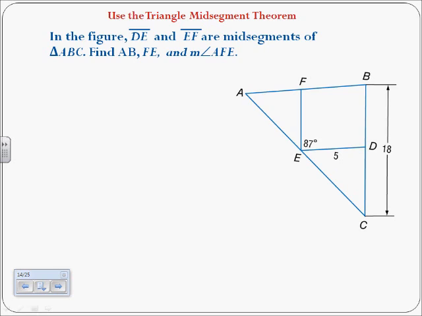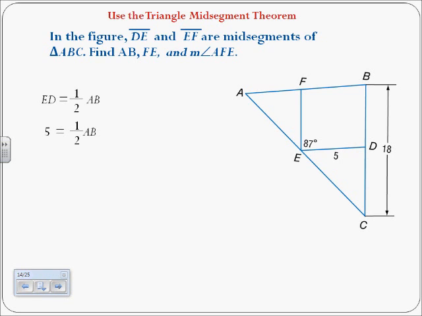In the figure, DE and EF are mid-segments of triangle ABC. Find AB, FE, and the measure of angle AFE. So again, we have to apply what we just talked about with the mid-segment theorem, which is that we have parallel lines, and the length is exactly half of the base. Okay, we know that ED is going to equal half of AB, by the mid-segment theorem.